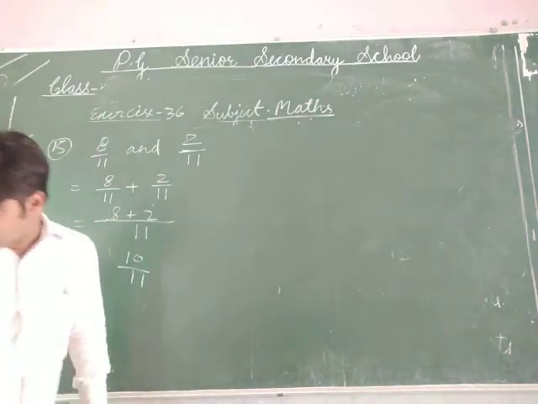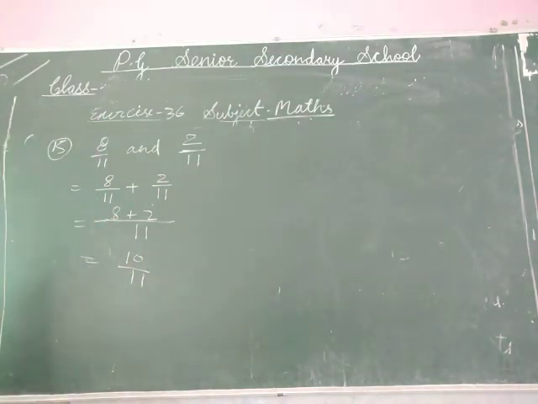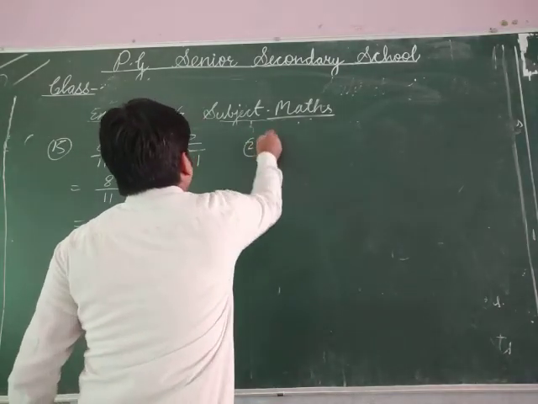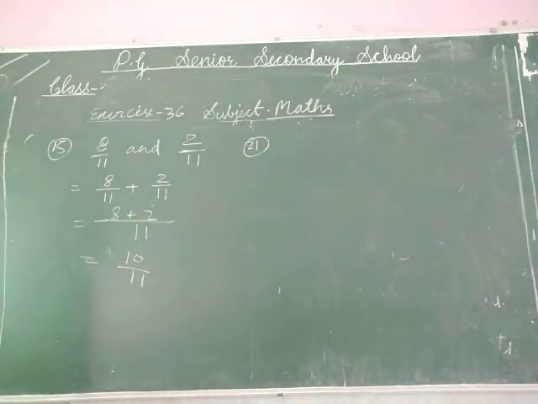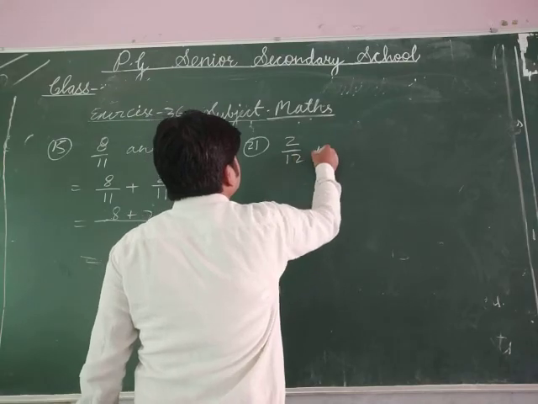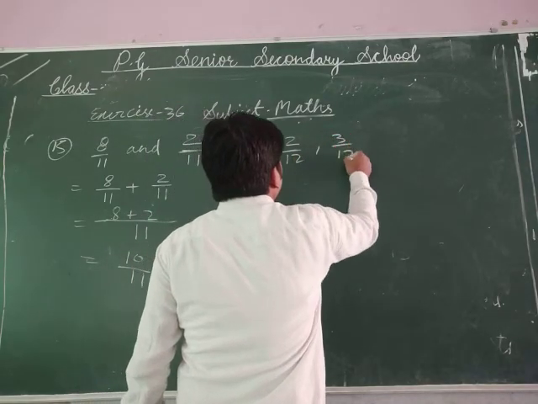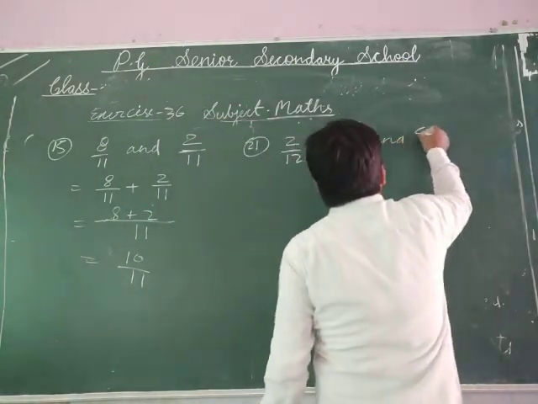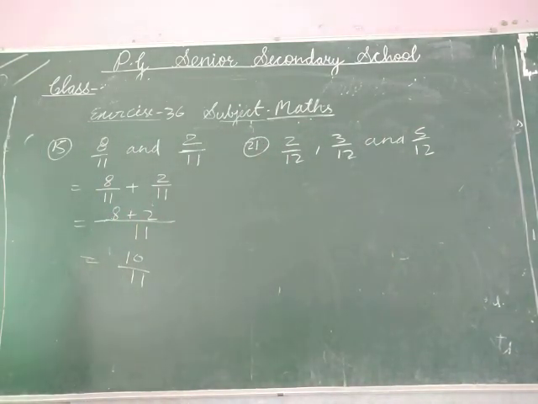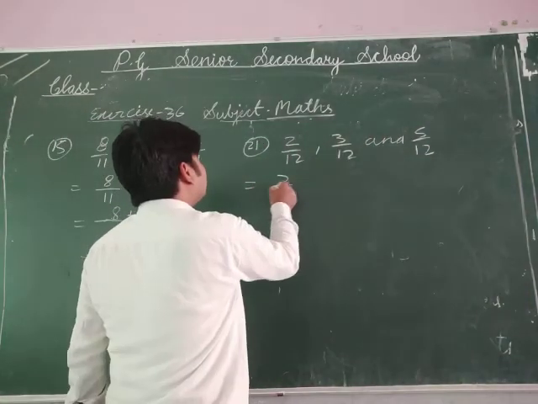Question number 21. 2 upon 12, 3 upon 12 and 5 upon 12. So you have to add these.